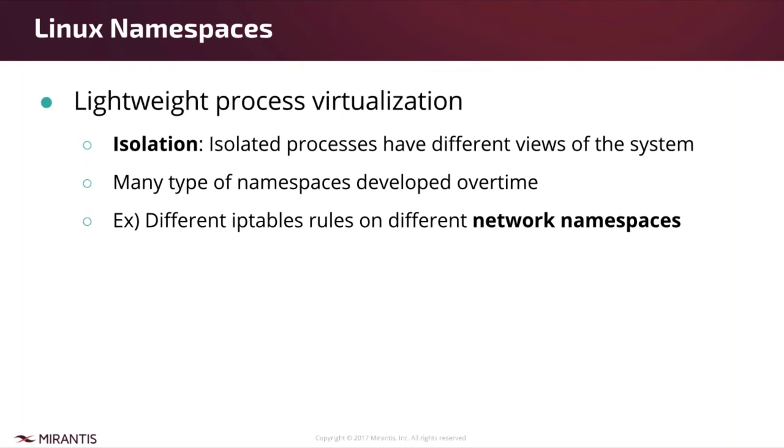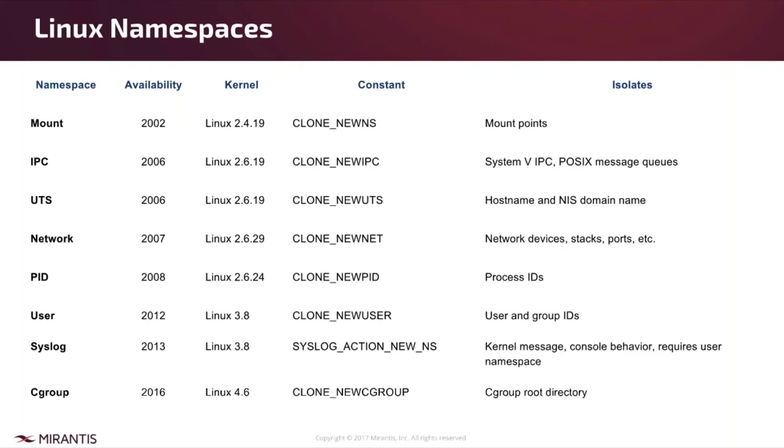Okay, so we have a chart here. You can see that starting from 2002 all the way to 2016, there are more and more types of different namespaces being added to the Linux kernel. These are namespaces that are just included with Linux, basically.